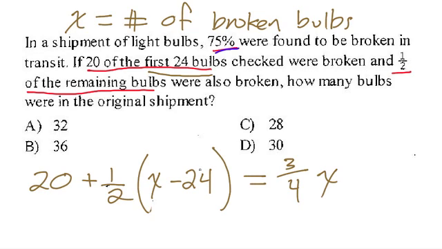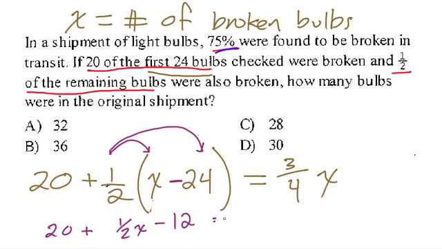You can multiply fractions by total amounts to find the percentage. So now all I have to do is solve for x, and it might seem difficult, but a couple of quick steps help out. First thing I do is use the distributive property: a half times x and a half times 24. I get 1/2 x minus 12, since 1/2 of 24 is 12, and I'm adding that to 20, and this is going to equal 3/4 of x.